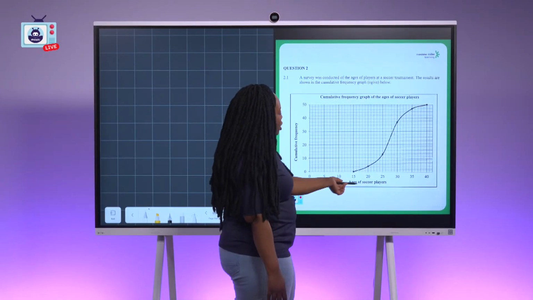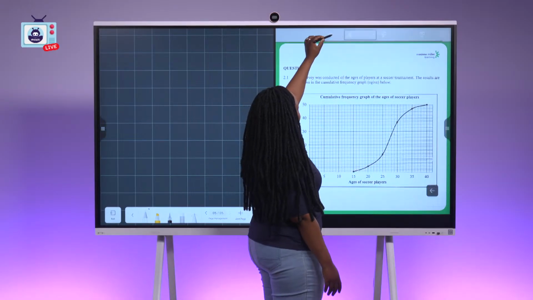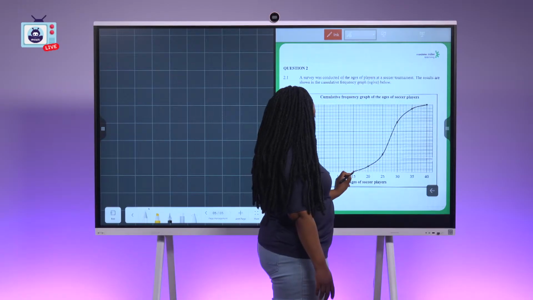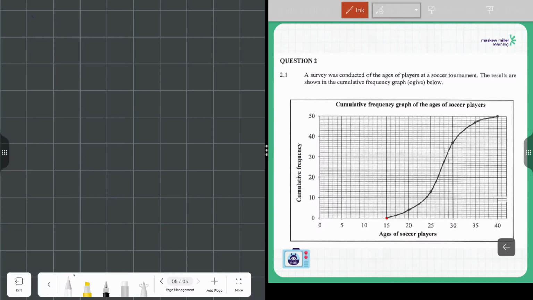On the horizontal axis, we have the age of the soccer players. Let's analyze it together. We know that at 15 we have the starting age, and at 40 we have the highest one, right? Another thing is we need to know the number.